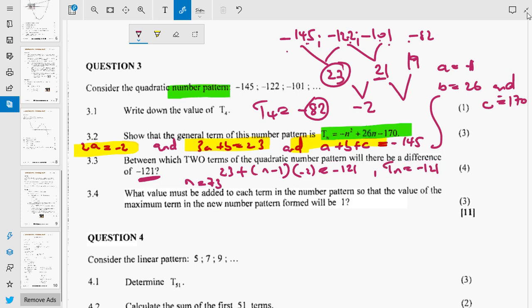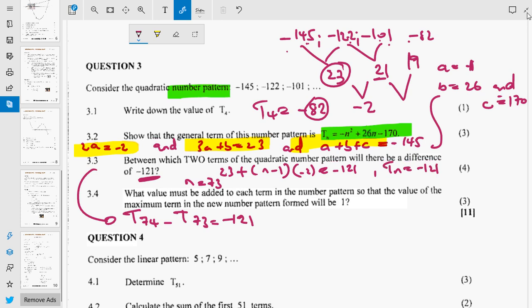Then in this particular case, if you actually think about it, if I take T74 and I subtract T73, then I'm going to get minus 121. So between the 74th term and the 73rd term of the quadratic pattern, I will get a minus 121. Okay, you can also check this by yourself.